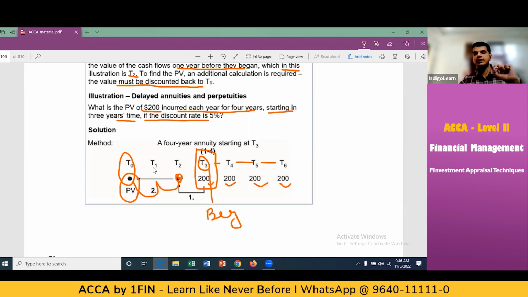Similarly, if we put the annuity factor at the year end of 3rd, then you will get the present value at the beginning of year 3 or at the end of year 2. Now, since you want the value at year 0, 2 years discounting you will do and get the present value at year 0.